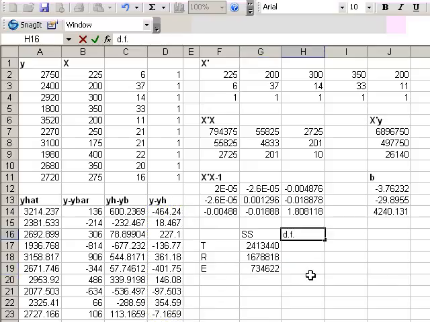Here we'll put the degrees of freedom. There are 10 observations, so the total degrees of freedom are 10 minus 1, or 9.